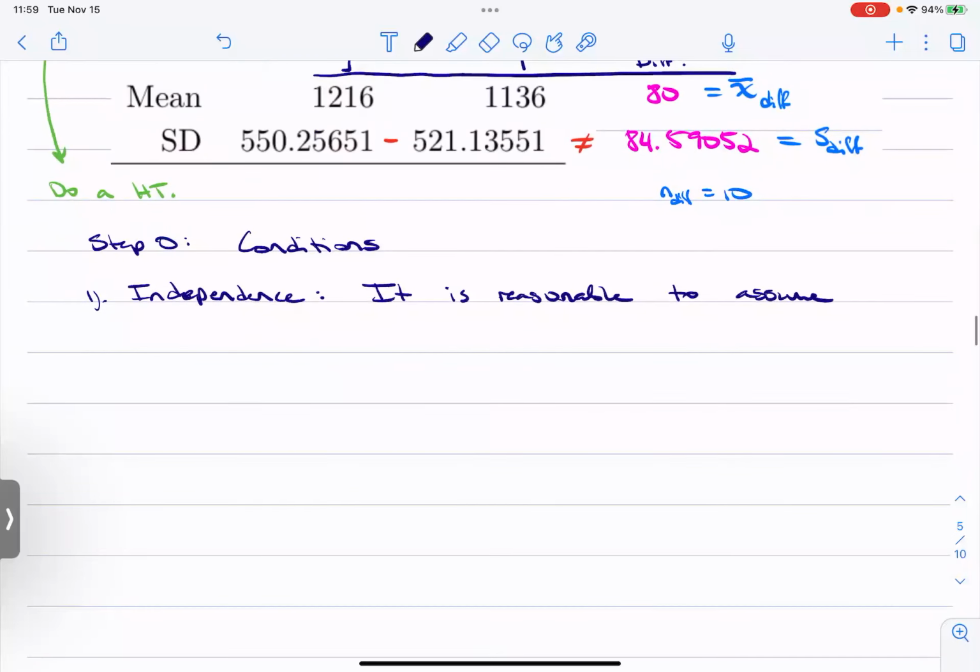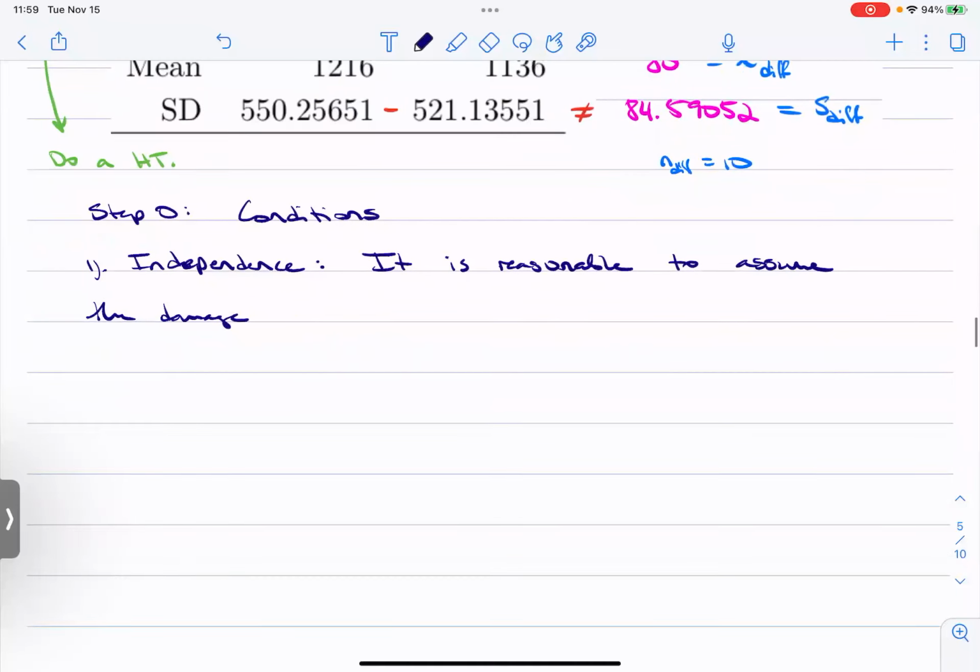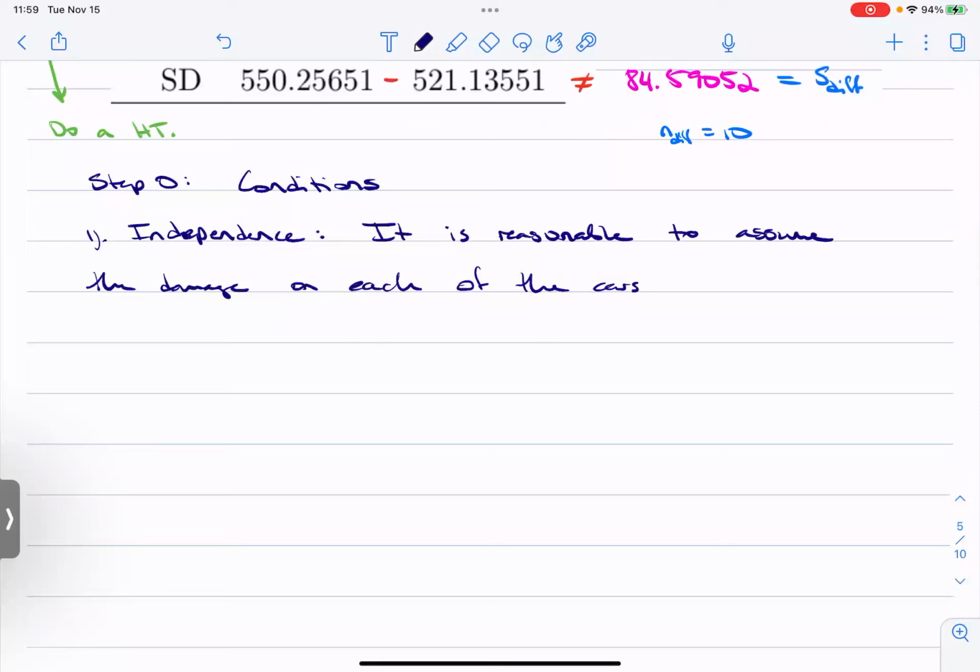So it's reasonable to assume the damage on each of the cars is independent of the other cars. Because we're talking about the subjects, or each of the cars is independent of the other cars.